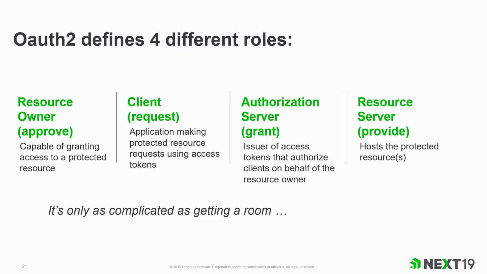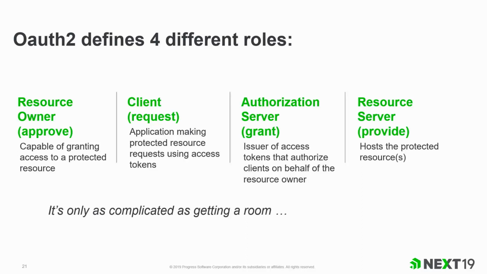So a resource owner approves someone's access to a resource. That's their job. The client requests that specific access to a resource. The auth provider is the one who grants the token that provides the access to that resource, and then the resource providers themselves provide the access to those resources.